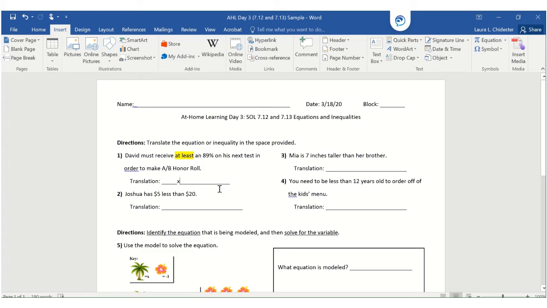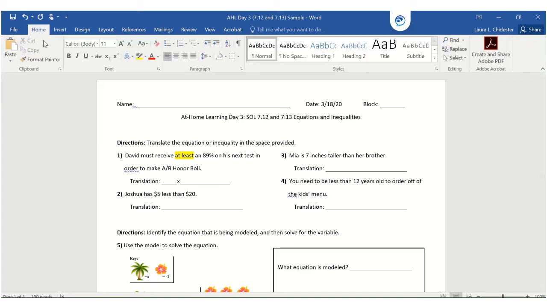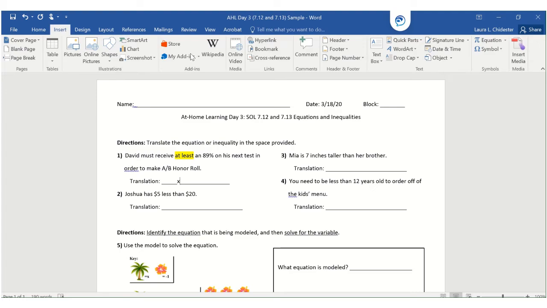Now down at the bottom by where your comma and your period are, that's where your less than and your greater than signs are, but there's no line under those. So if you want to insert a greater than or equal to or a less than or equal to sign, this is normally what you would have up here with the home menu bar, but you go to insert and you go over to the right where it says symbol.